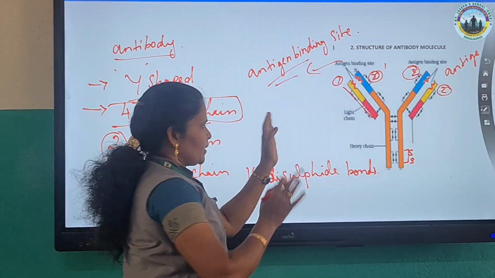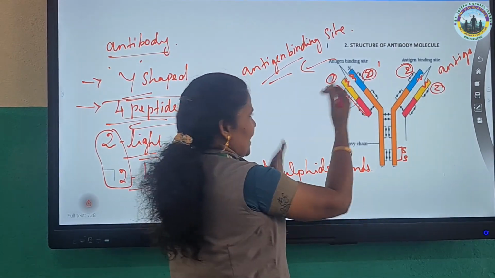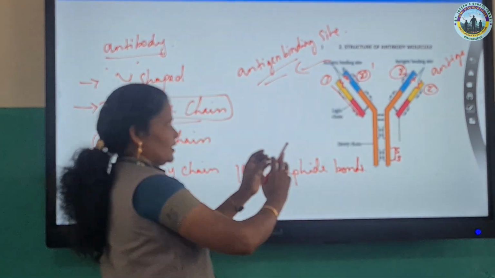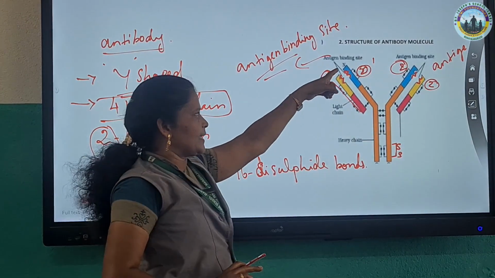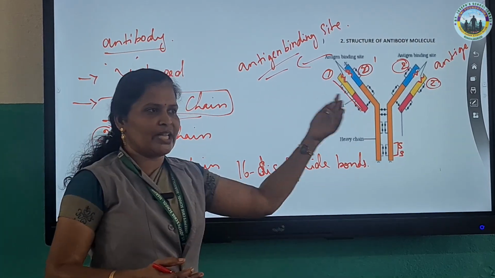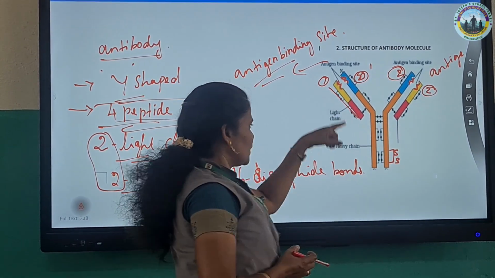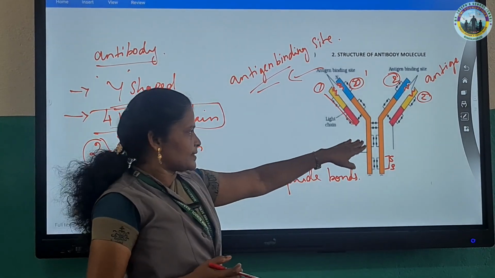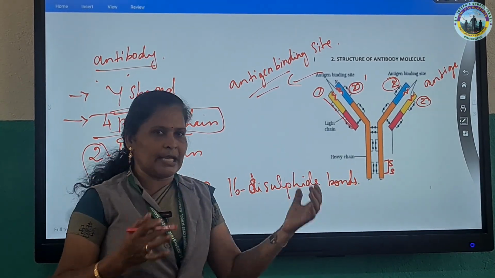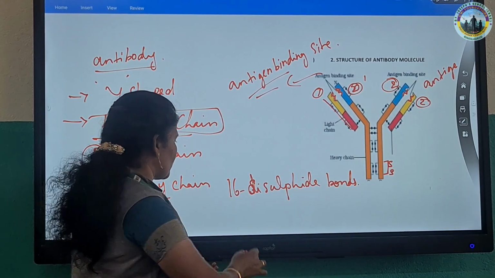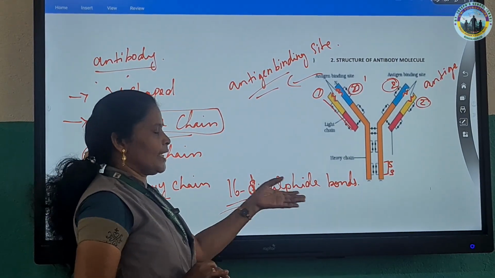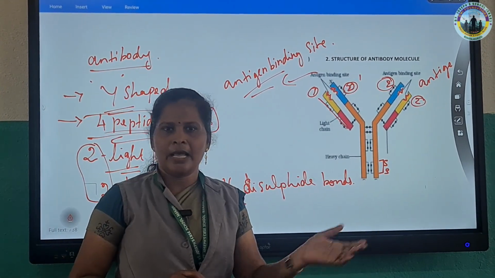At both ends of the light chain and the heavy chain, there is a special area called the antigen binding site. So when the pathogen enters there, immediately the antibody engulfs it. Next, it has the sulfur disulfide bonds. Totally how many, if it is asked, even in NEET, it is an important question. 16 disulfide bonds are present in the antibody.